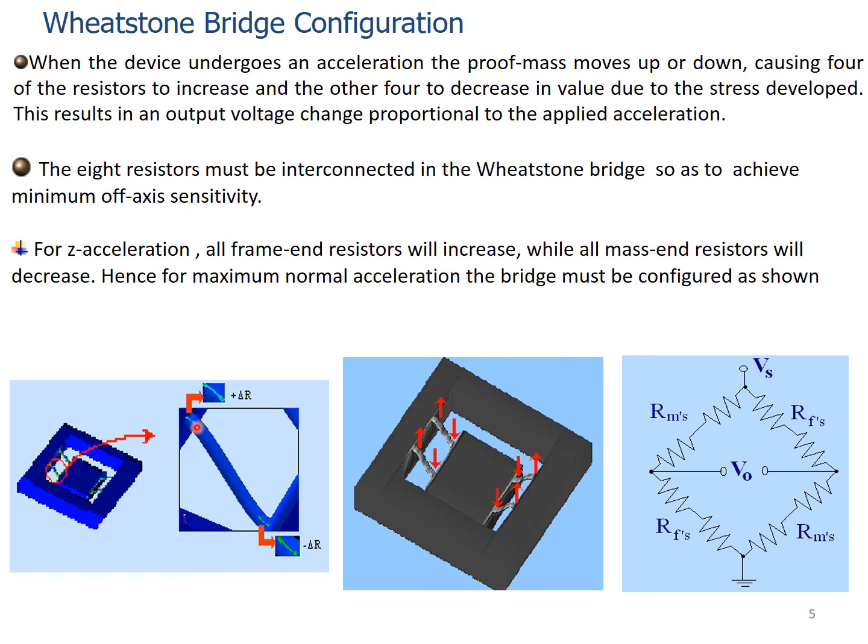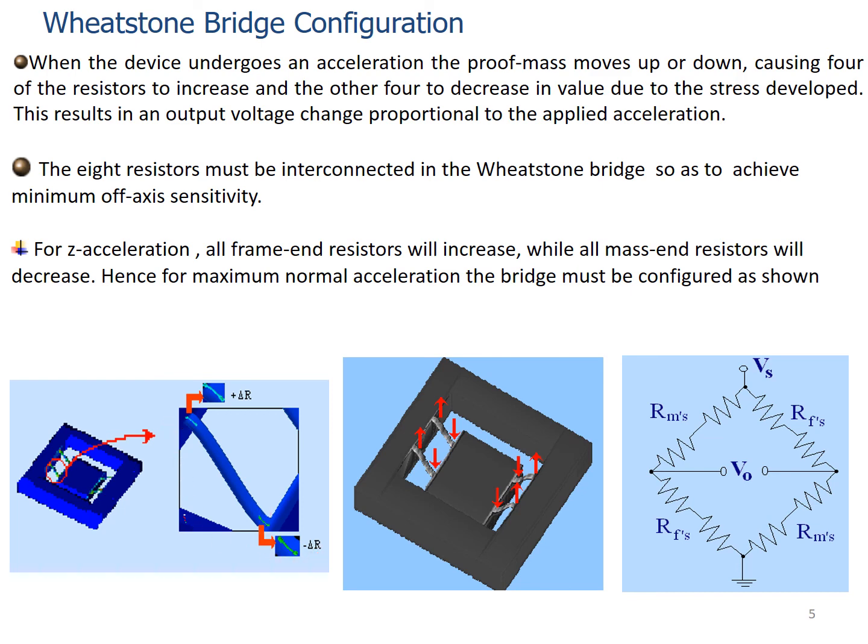the spring end which is towards the frame region will experience the tensile force, so the resistance will increase there, whereas the portion of the beam towards the mass region will experience the compressive force, and that's why the resistance will decrease.